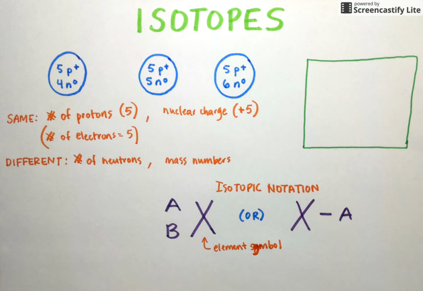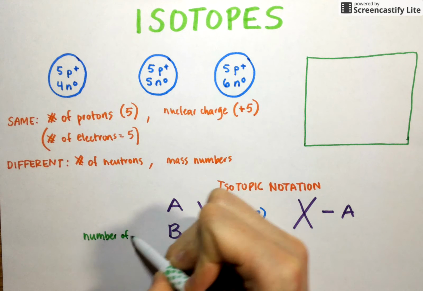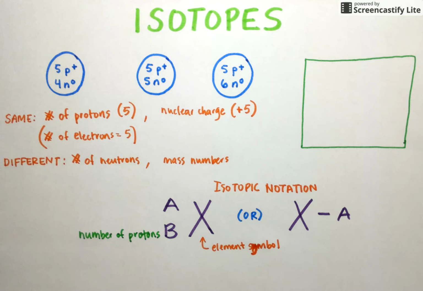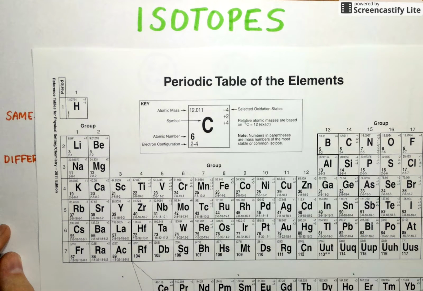So all 3 of these atoms are going to have different mass numbers because they happen to have a different number of neutrons. And what we're going to find is that those similarities and differences are enough to constitute what we call isotopes.